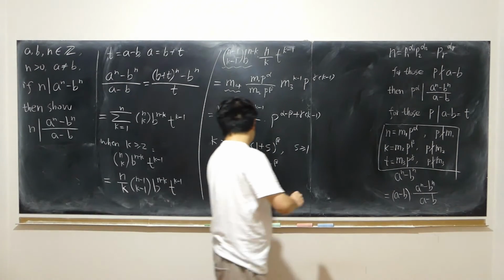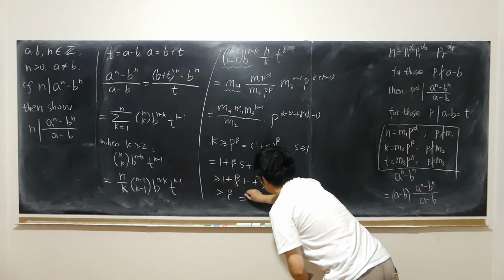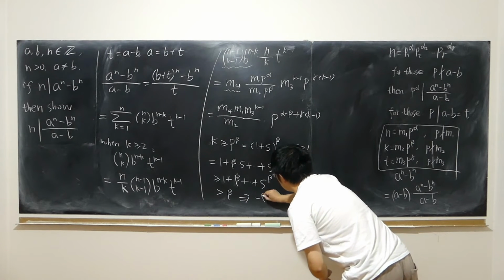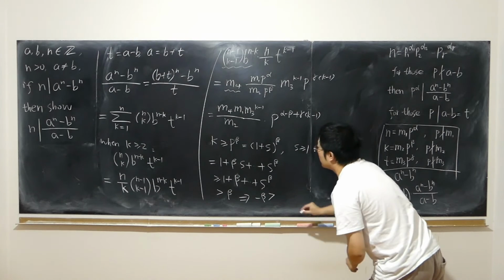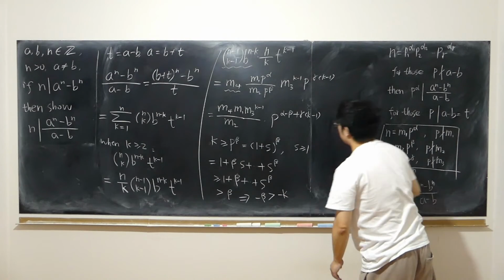So in other words, negative beta is strictly bigger than negative k.